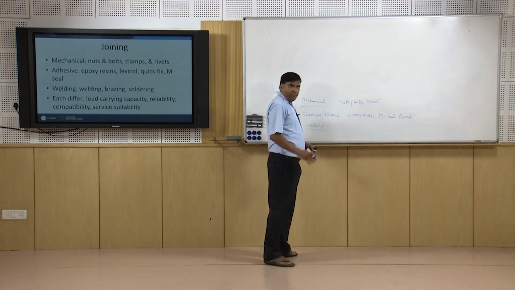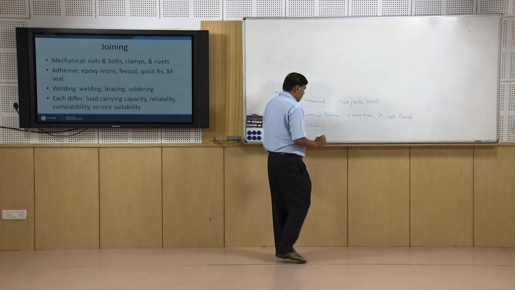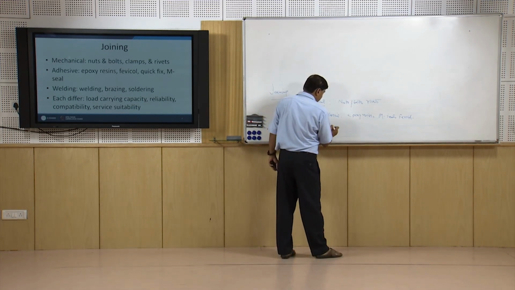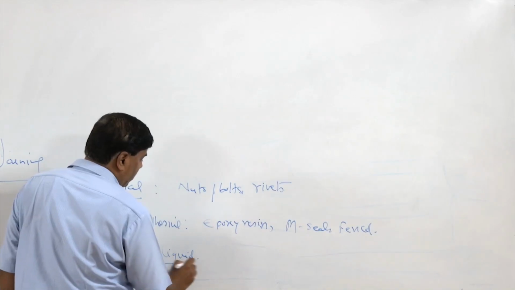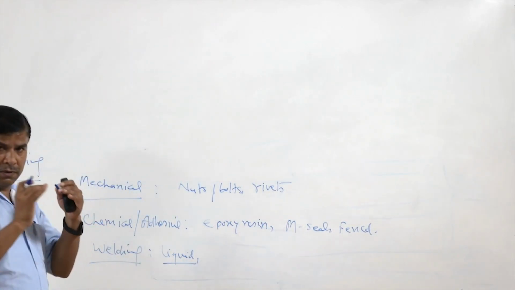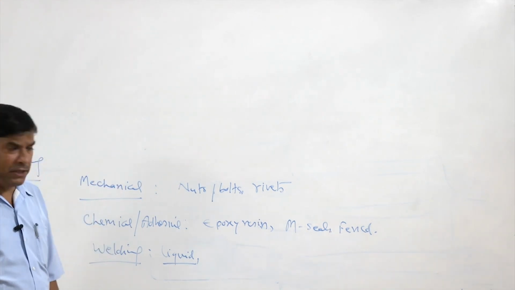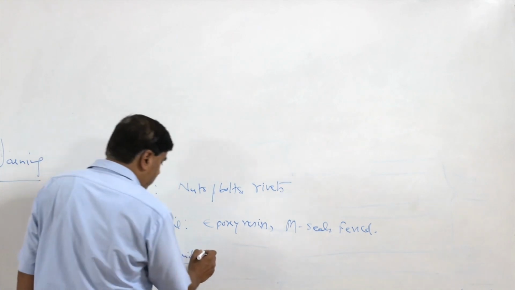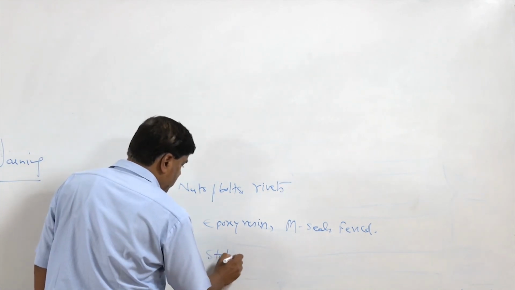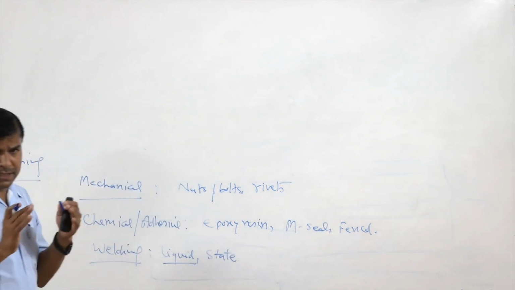Welding involves a very wide range of processes, like the liquid-based processes where the surfaces of the components to be joined are brought to the molten state, or they are just deformed in the solid state.